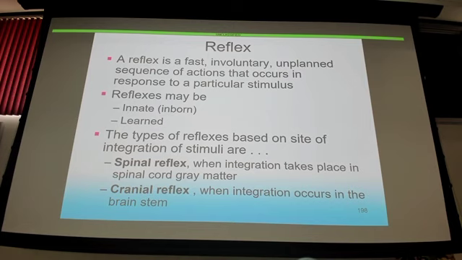Our cranial nerves come off of the brain stem, so it's a reflex associated with cranial nerves. Most of those would probably be, not all, but more autonomic reflex. There's somatic reflexes, autonomic. But anyway, that's a reflex. Either it occurs in the spinal cord or it occurs in the cranial area, brainstem.